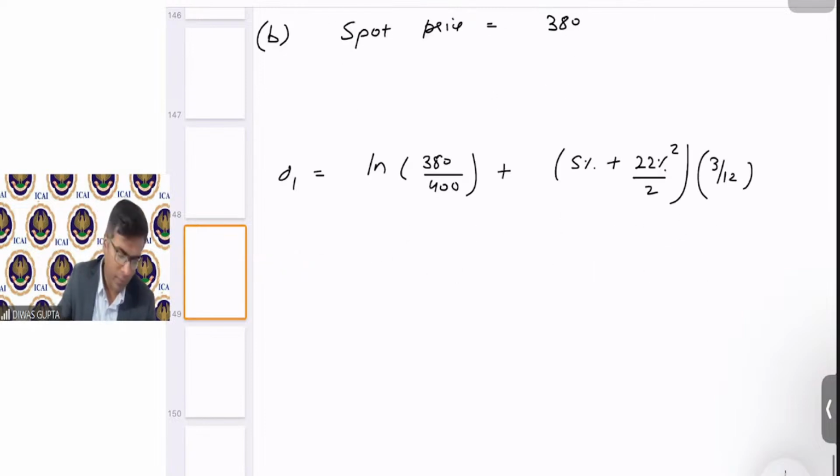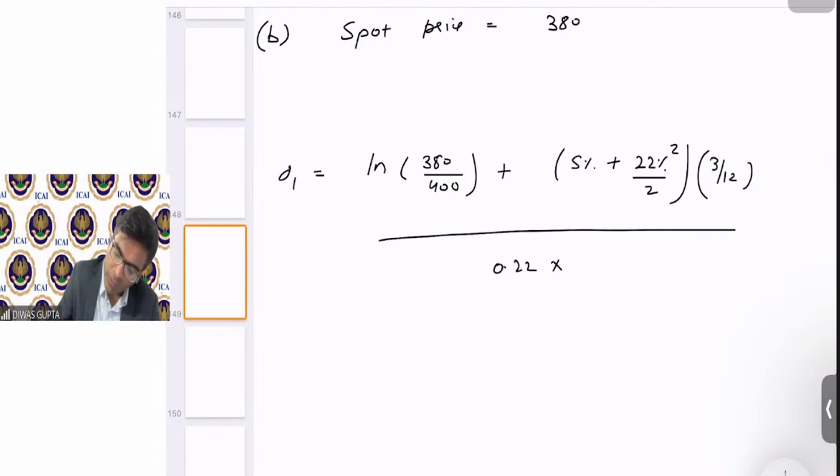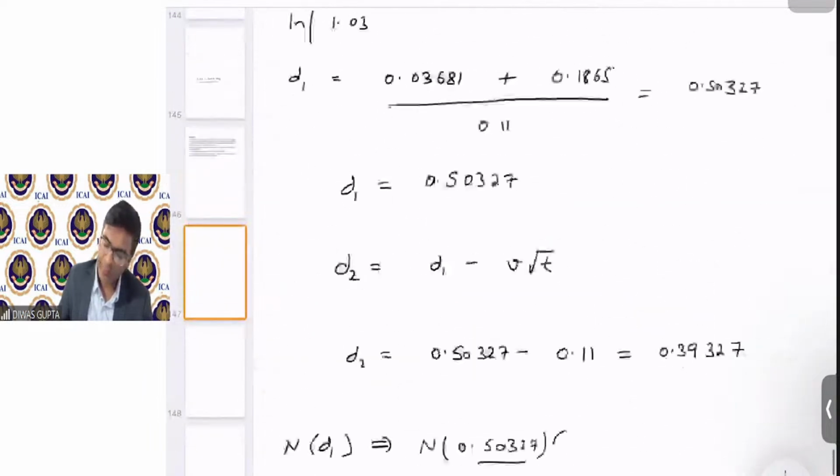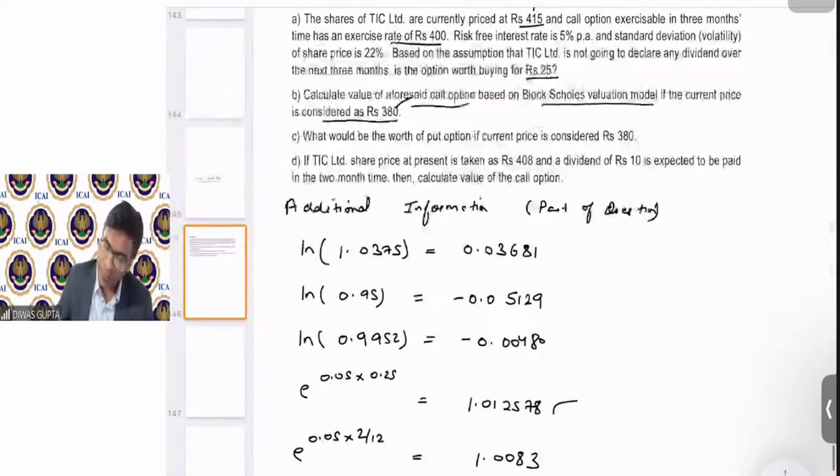This whole divided by 0.22 into 3 by 12. Now this natural log of 380 by 400 is again given in the additional information as natural log of 0.95.